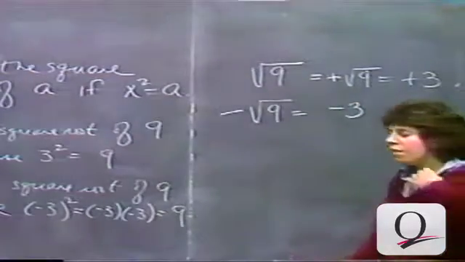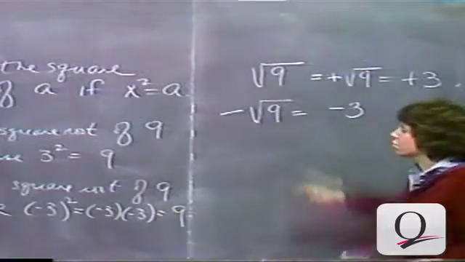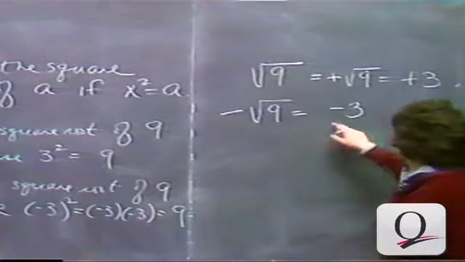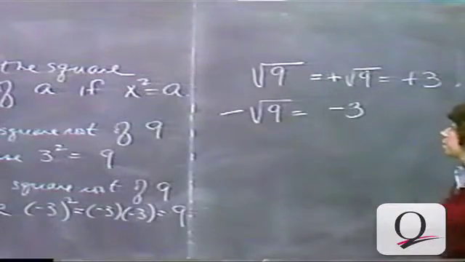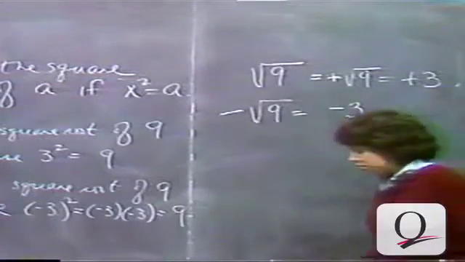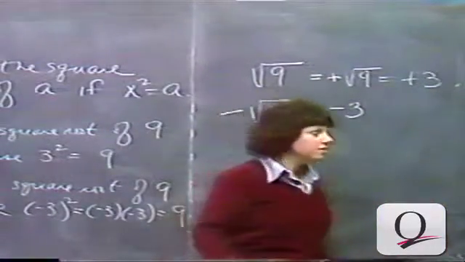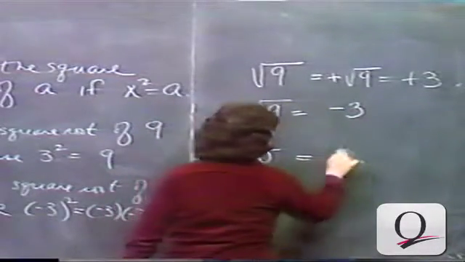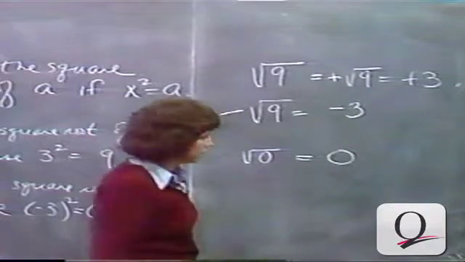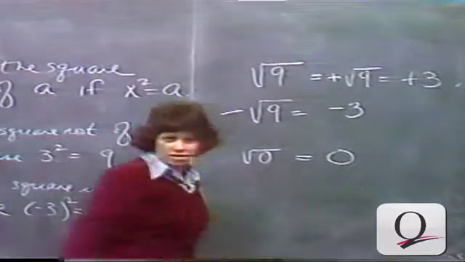As I mentioned, all positive numbers will have two square roots, and they will be opposites. They will add to 0. The number 0 has only one square root, that is 0. The square root of 0 is 0. Plus 0 or minus 0, of course, is the same.